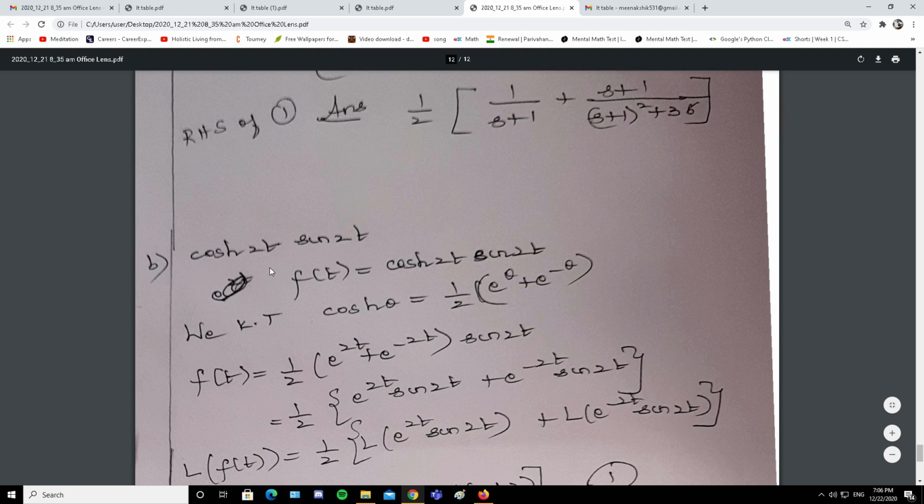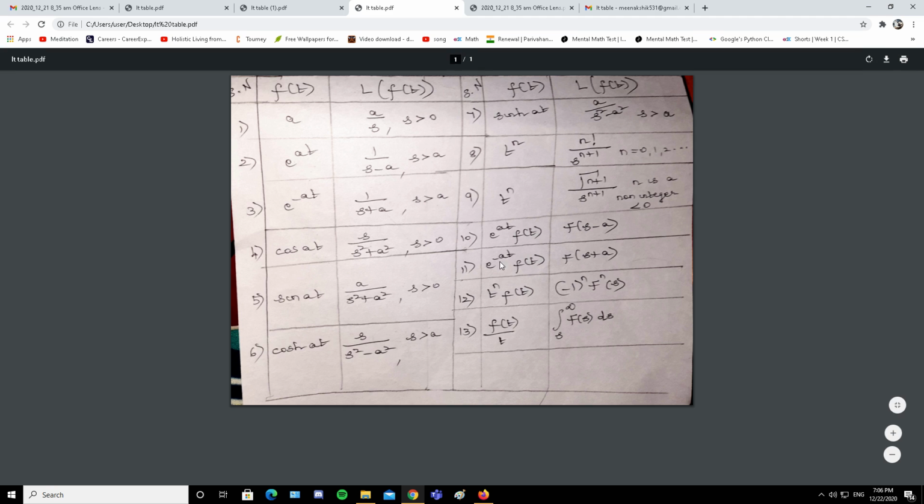Now the second one, cos h 2t sin 2t. Again you have the product. Whenever you have cos h theta, write it in terms of exponentials. Whenever you have the product, you have to use properties, which are in terms of exponential, t power n or f of t by t.